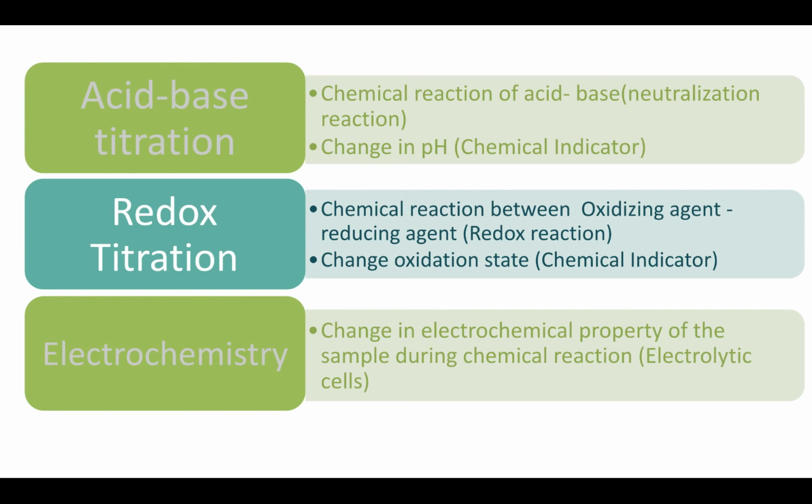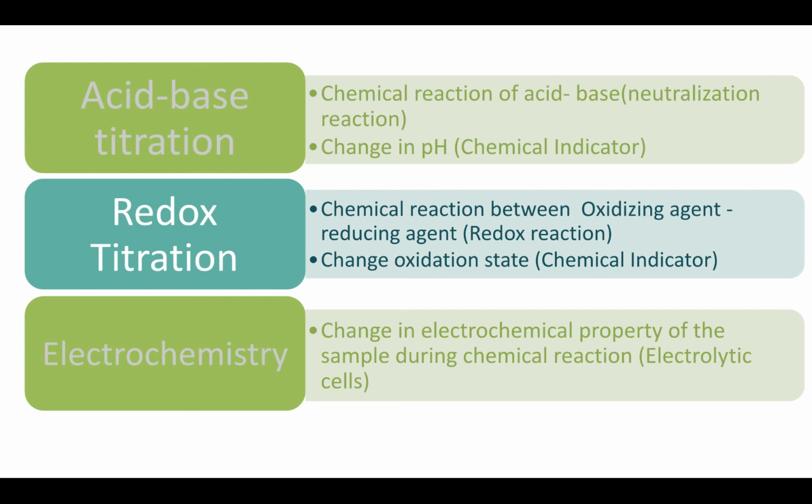But when we are applying the principles of electrochemistry to titration, instead of these chemical indicators, to observe the endpoint of the reaction, we are not using any chemical indicator. Instead of that, we are using an electrolytic cell, which observes a change in electrochemical property of the sample during the chemical reaction.